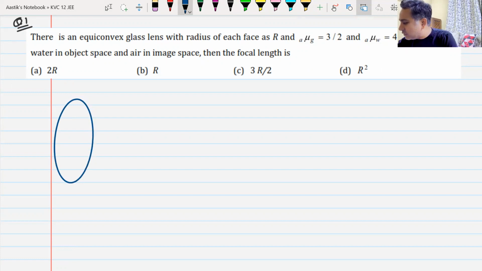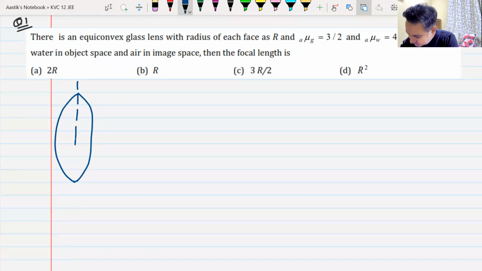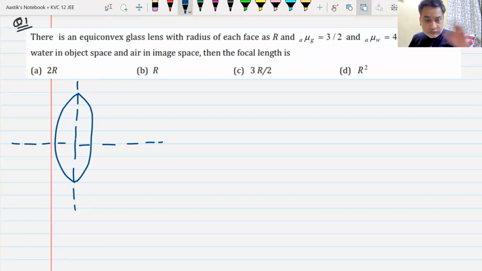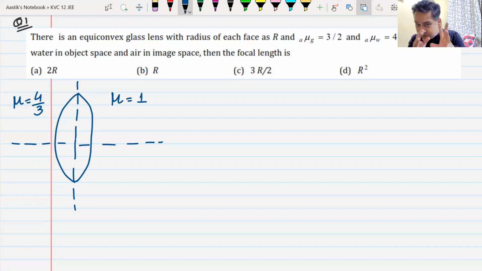My lens does not look good, but I hope you can understand it. Here I have water, here I have air, and in between I have glass.